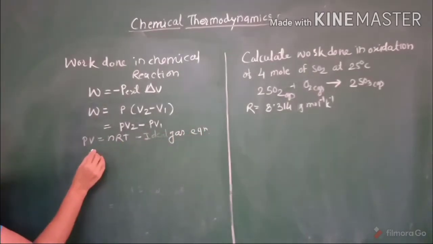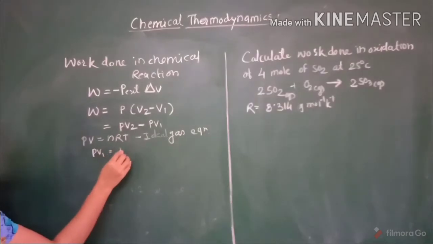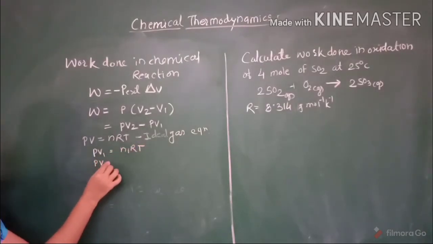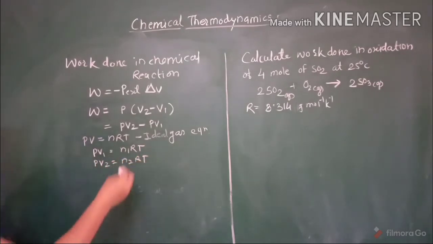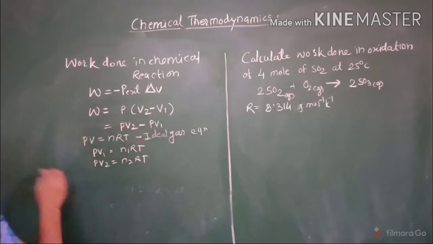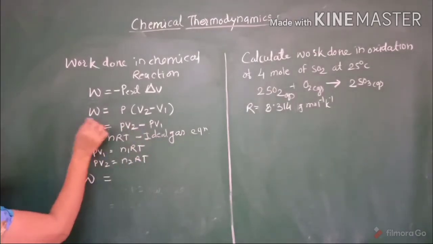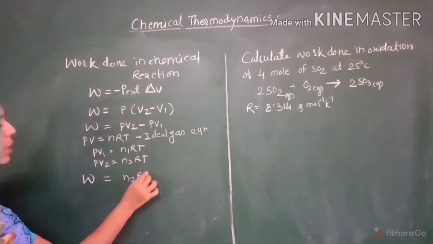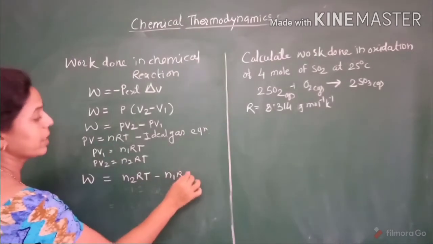So PV1 equals n1RT and PV2 equals n2RT. We put these values here, so your equation becomes W equals minus (n2RT minus n1RT).